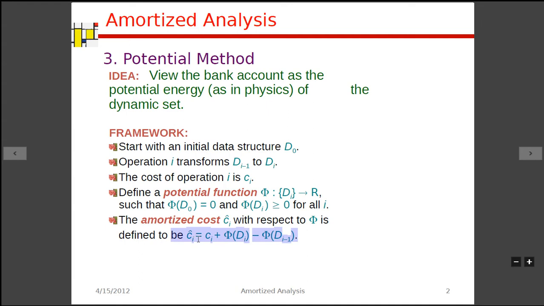C of i is the cost required for the current transaction, and the phi difference is the difference between the current transaction and the previous transaction. So it calculates the cost for the current transaction plus the difference between current and previous. Depending on that, it calculates the upper bound of the potential method.